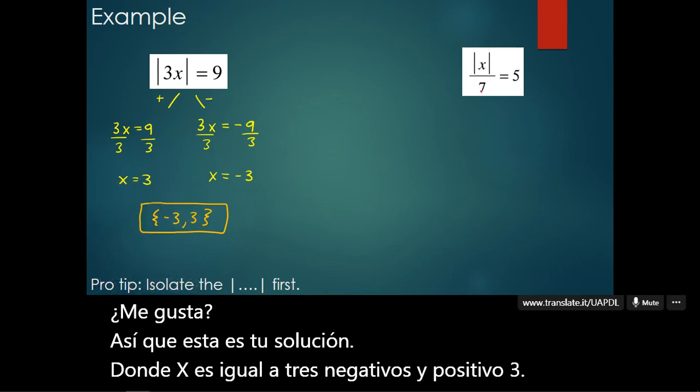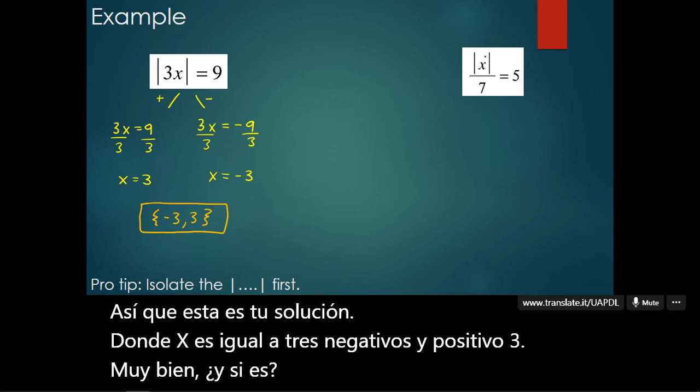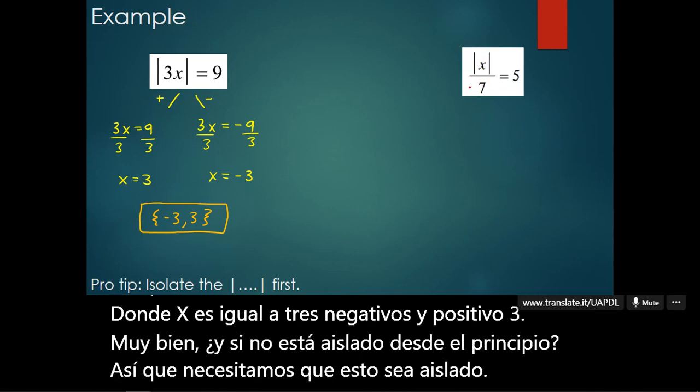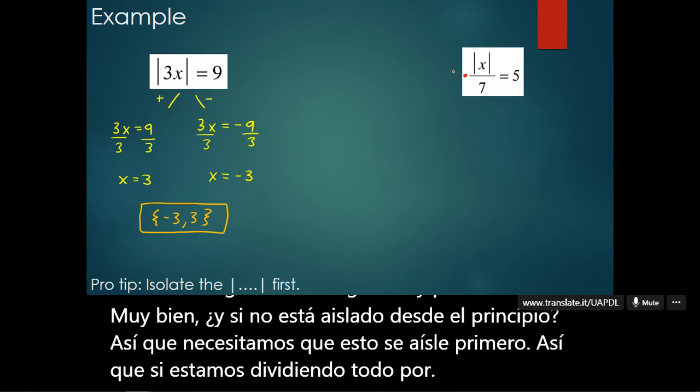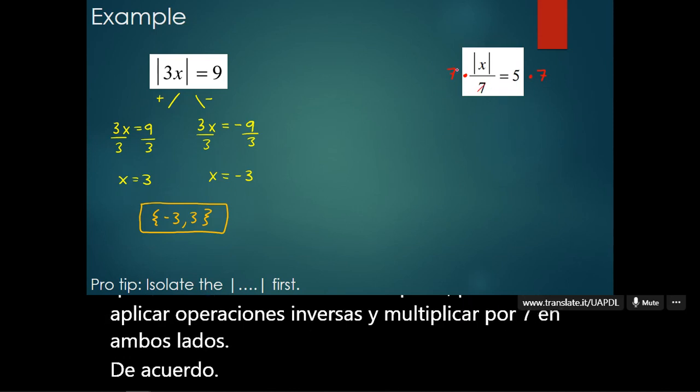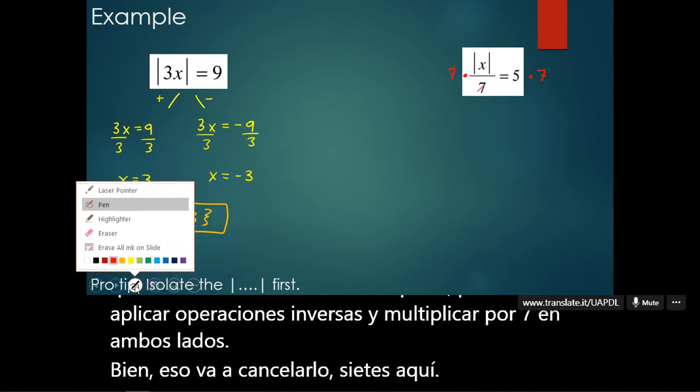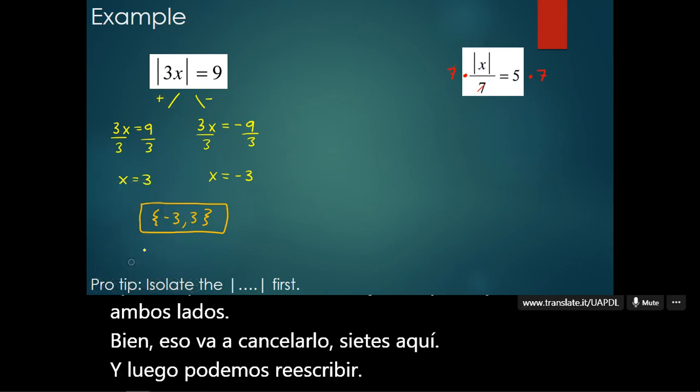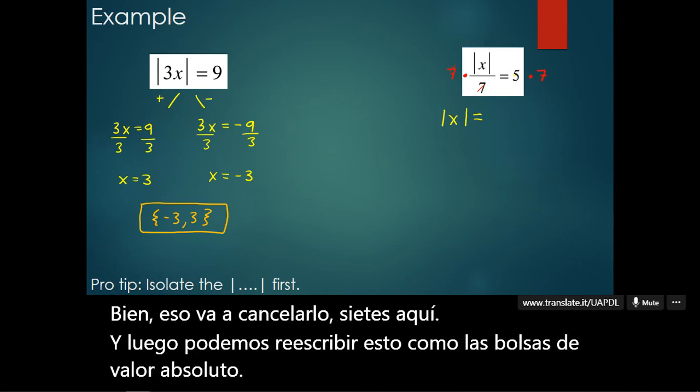All right, so what about if it's not isolated from the beginning? We need this to be isolated first. So if we're dividing everything by 7, we can apply inverse operations and multiply by 7 on both sides. That's going to cancel out the 7s here. Then we can rewrite this as the absolute value of x is equal to 5 times 7, that is 35.